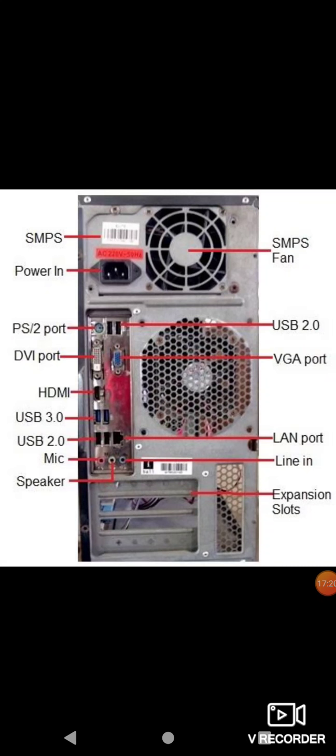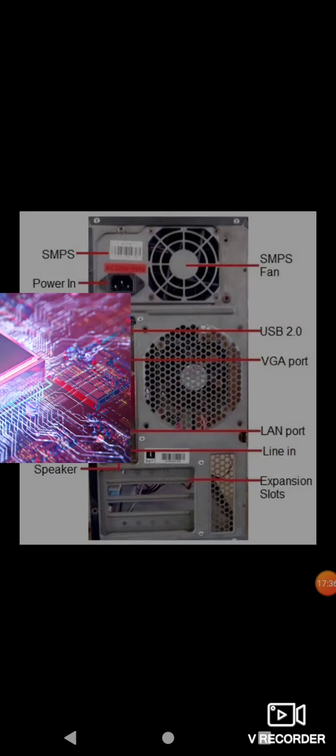Just to show you an example, the black box that we see, the black tower, is the place where you see all these ports or all these connectors. So this box is known as the CPU cabinet, and the small chip is known as the Central Processing Unit.